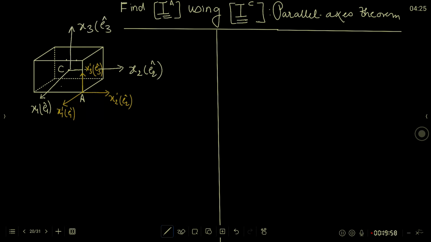So now I have two coordinate systems. This is my first coordinate system and the other one is this.